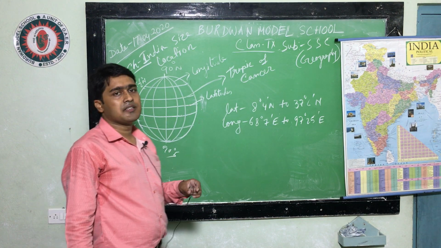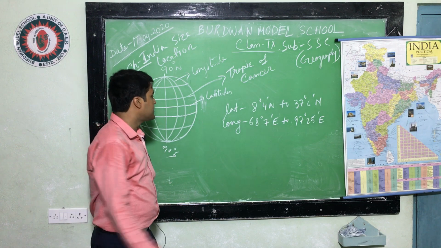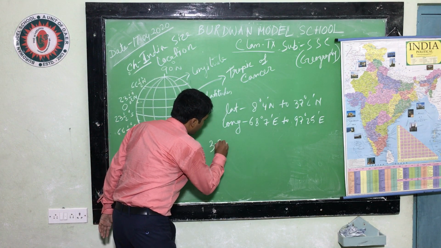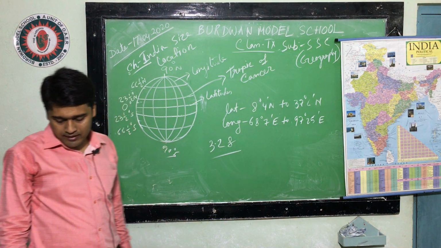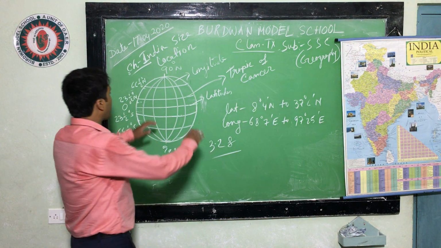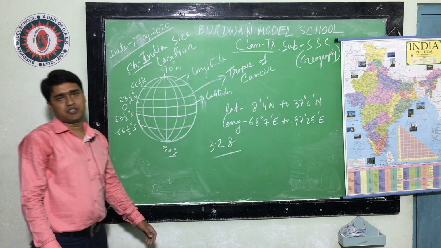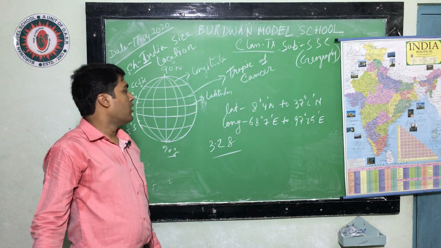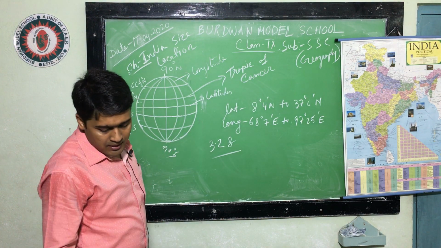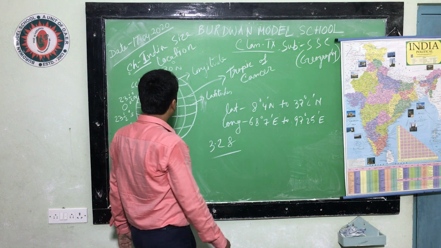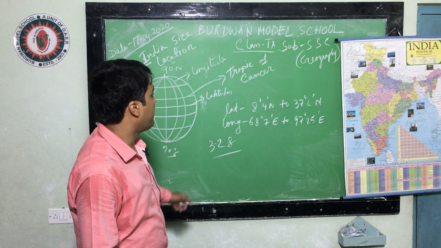Then India's size: the total area is 3.28 million square kilometer, which is 2.4% of the total land surface of the world.